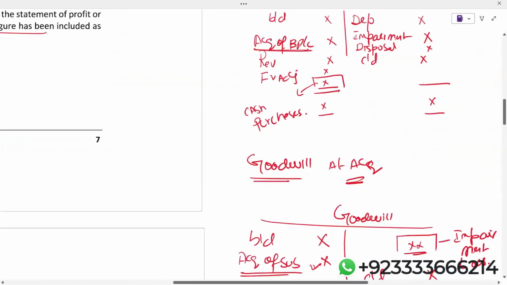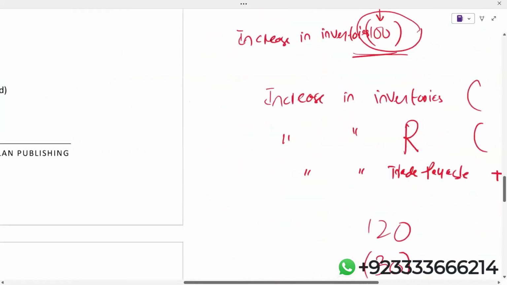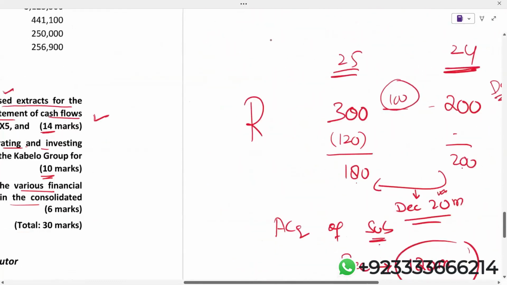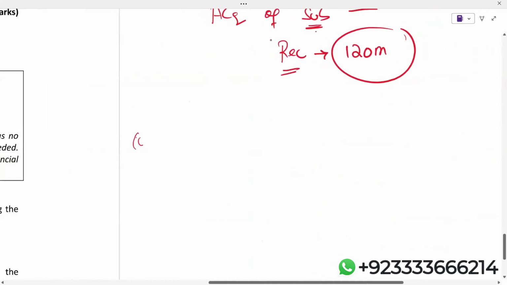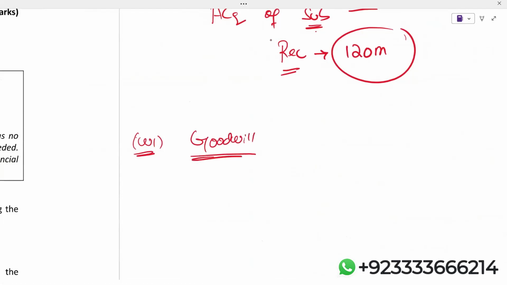Now, if I just show you quickly, working one. Let's calculate goodwill. After the calculation of goodwill, you will be in a position to calculate impairment loss very easily. I think cash paid was 4 lakh.